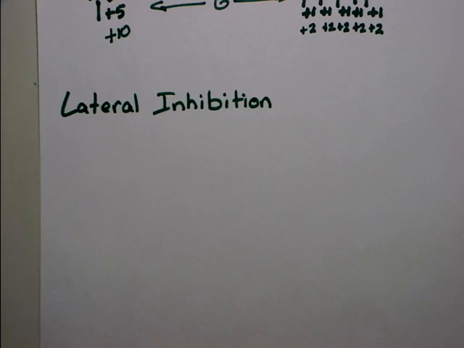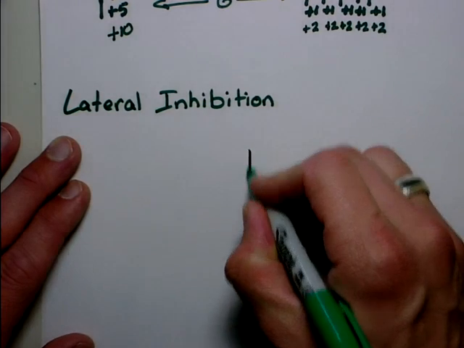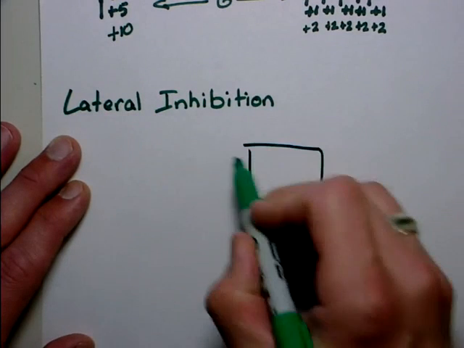Alright. So I misspoke. It's not the receptors, it's the bipolar cells that are inhibiting one another. And they do that via horizontal cells. So here's what happens. We've got our Hermann grid here.